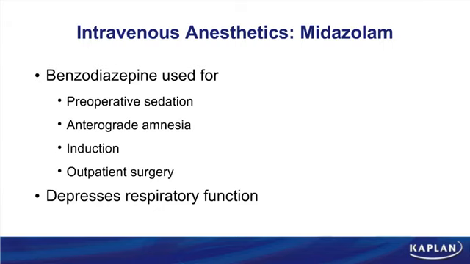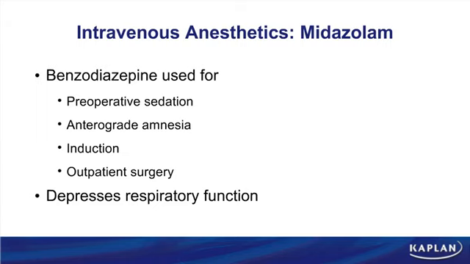The next group of drugs we're going to look at are IV anesthetics, and we'll start with the benzodiazepine midazolam. Remember that midazolam is a short-acting benzodiazepine. It's great for preoperative sedation, and as a benzodiazepine, it has the property of anterograde amnesia. In fact, many of our benzos have this property, but probably the most classic for this clinically is midazolam.